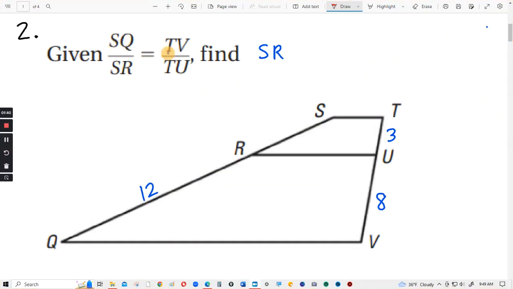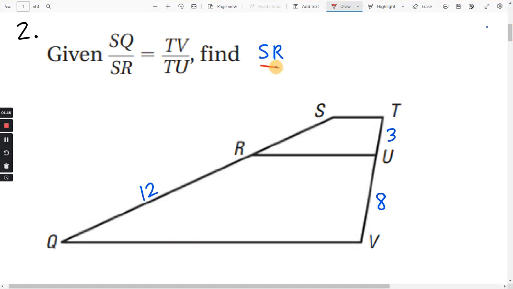Okay, here we're given the ratio and proportion. They want us to find SR. So that's this length right here. We might as well call it x. And then plugging in for the fractions, we have SQ.